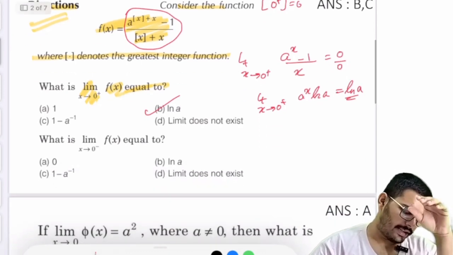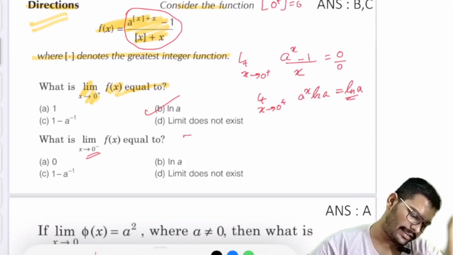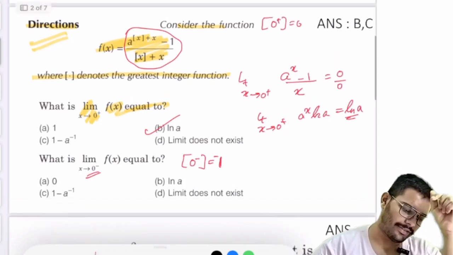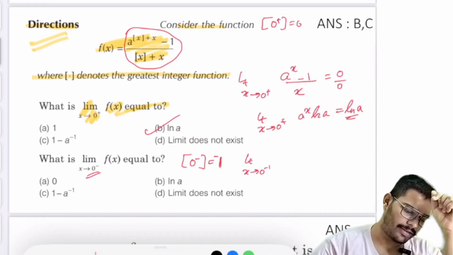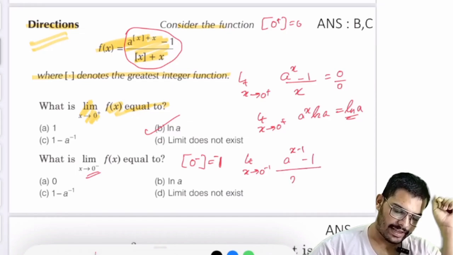In the next part, what is the limit when x tends to 0 minus, where x is slightly negative? When x is slightly less than 0, the greatest integer function will be minus 1. Therefore, our function will become a raised to x minus 1, that is box x is minus 1 now, minus 1 divided by x minus 1.